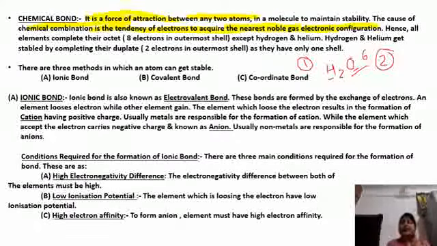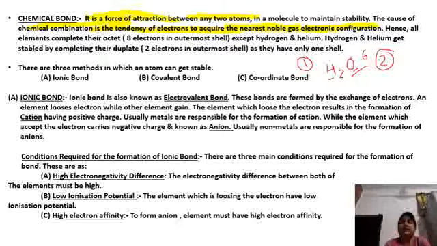Noble gas means 6 elements: helium, neon, argon, krypton, xenon, radon. ठीक है. इनमें से जो भी एलिमेंट नियरेस्ट आपका है उसका इलेक्ट्रॉनिक कॉन्फ़िगरेशन गेन करेगा.